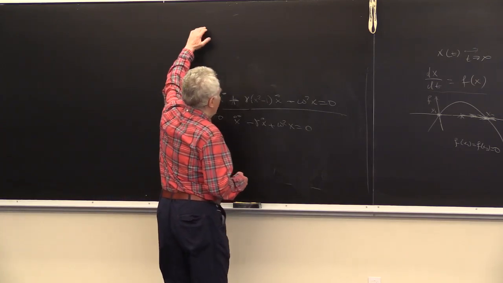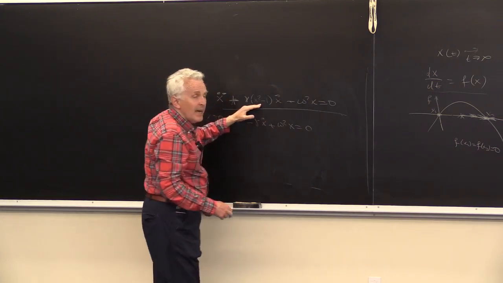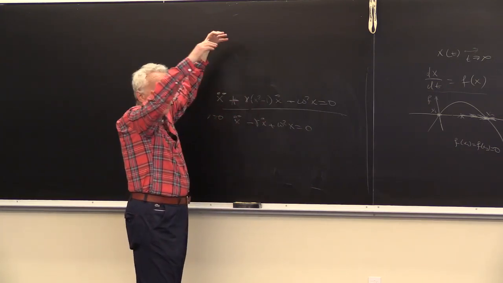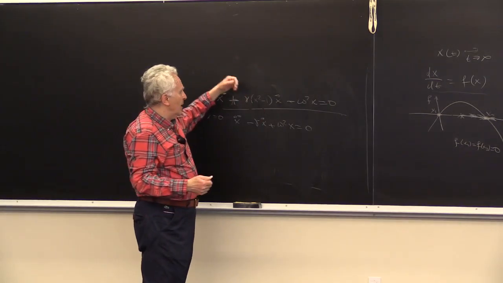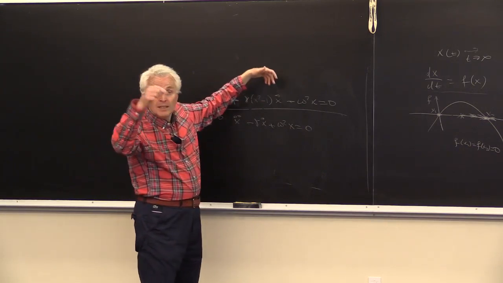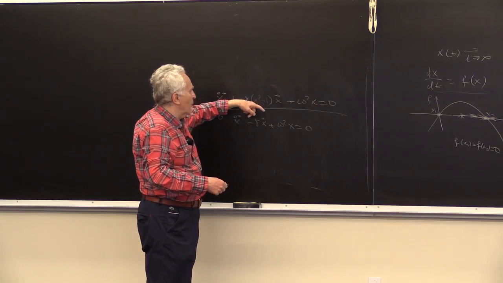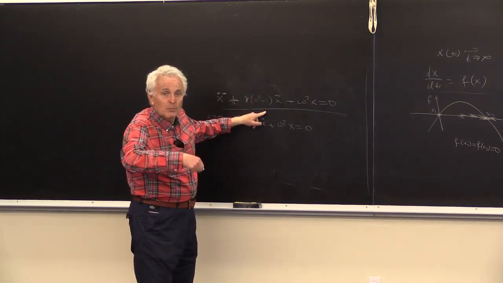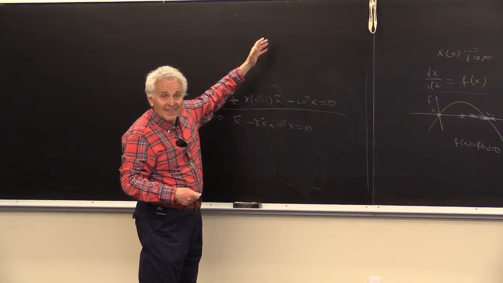You see, if we started with small x, it starts growing, and it crosses 1. However, then it starts damping. If it damps so that x is smaller than 1, it starts growing again.